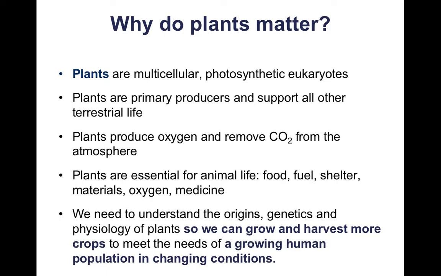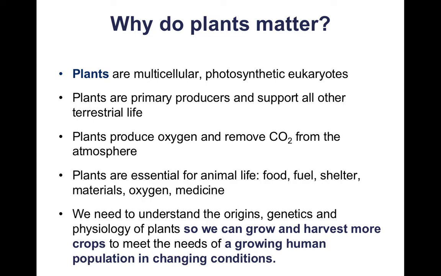Even if you don't like to eat vegetables or fruit, if you just like to eat hamburgers and cheeseburgers, you still need to understand that you would not have that hamburger if it wasn't for plants. In order to have the cow, you need to have the grass for the cow to eat, right?